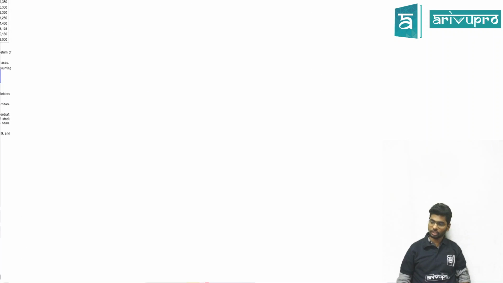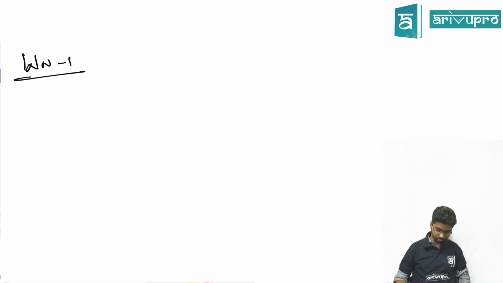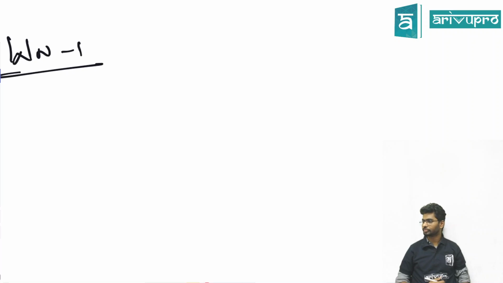So write down the heading, working note 1. Working note 1. What are they telling about the depreciation? What are the items on which depreciation has to be provided?